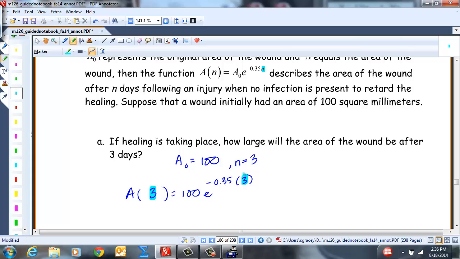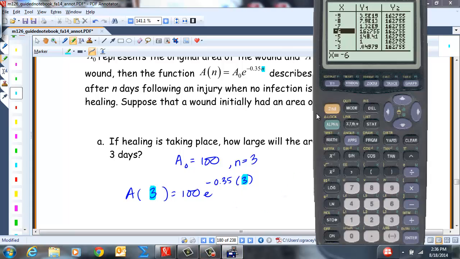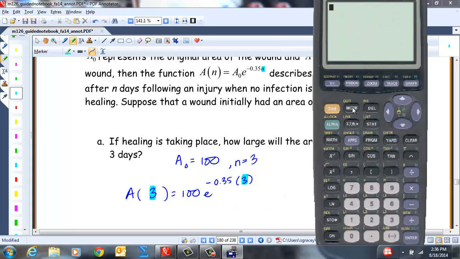So let's go to our graphing calculator. We would have 100 times e raised to the negative 0.35 times 3.